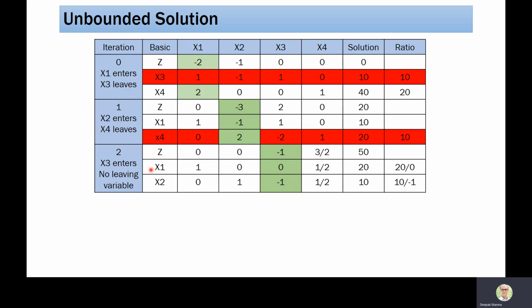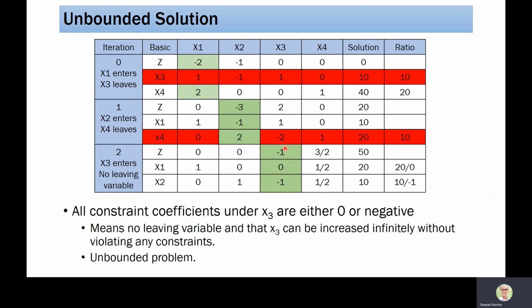Now look at the non-negative ratio. For this row, we will be dividing 20 by 0, which is infinite, meaning they are parallel lines. 10 divided by -1 is negative, so we don't take it, because our ratio should be non-negative. Now what is happening is that we have one variable x3 which is going to enter, but there is no leaving variable.